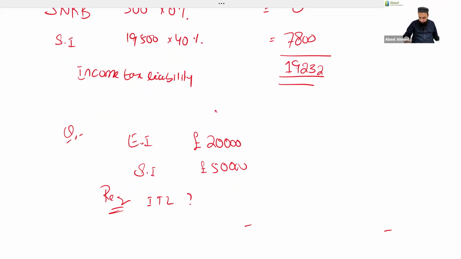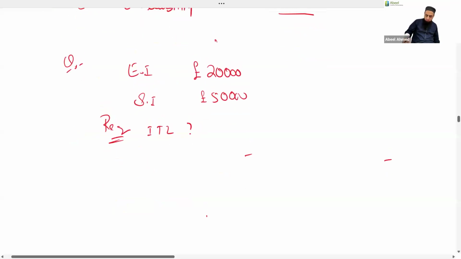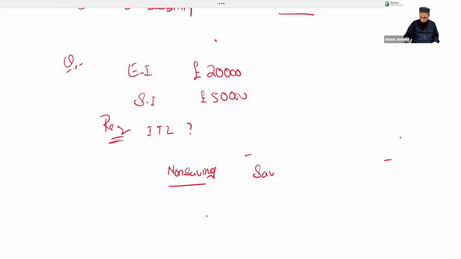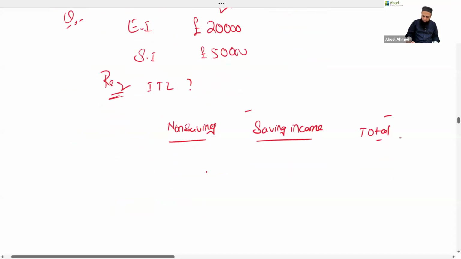Employment income is 20. Let's make 3 columns. Non-saving, saving income, and total. Employment income is 20,000 pound.